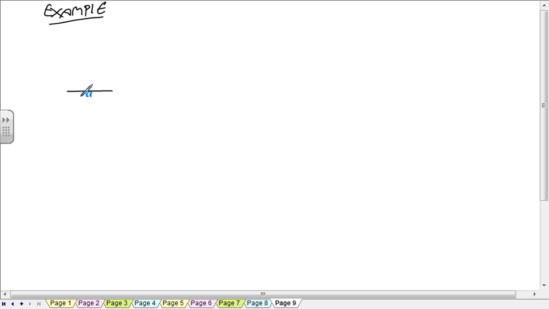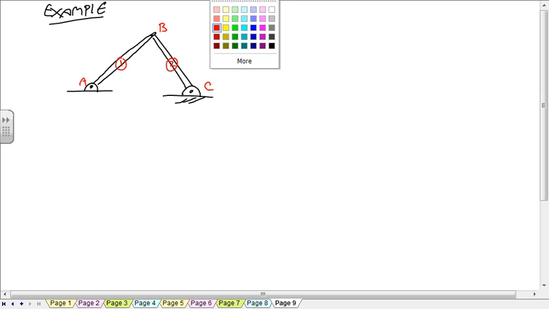So let's say that we have 2 bars connected by pin joints and connected to the ground by pin joints. So just so we can refer to these things easily, let's call this member 1, this member 2. Let's call this pin A, this pin B, and this C. And then we need some kind of force on this, otherwise the answer is 0.